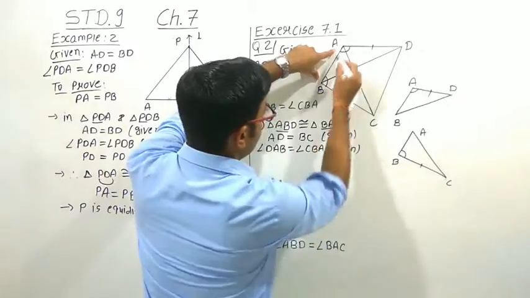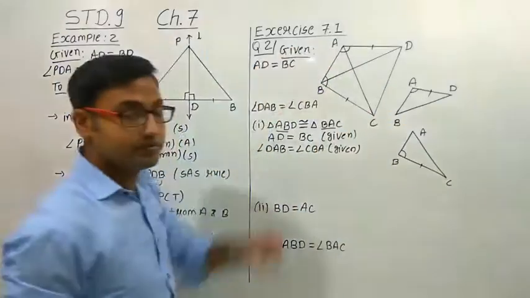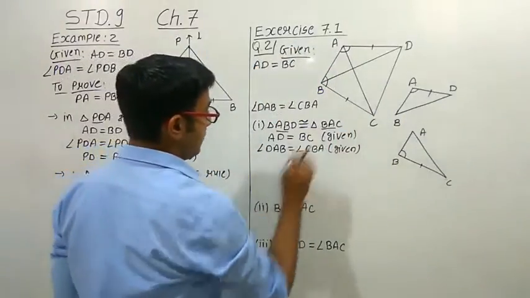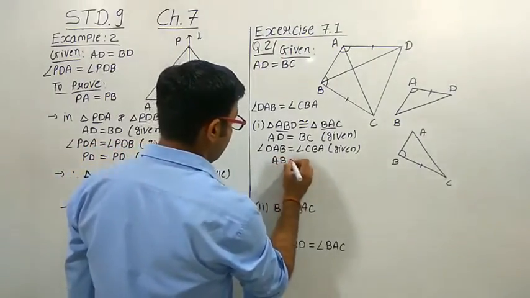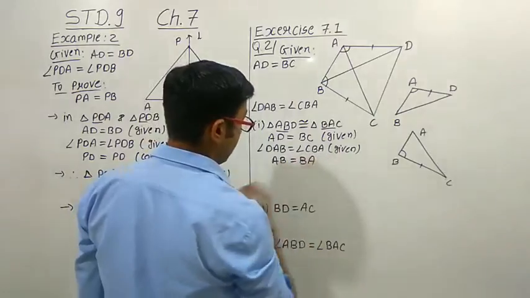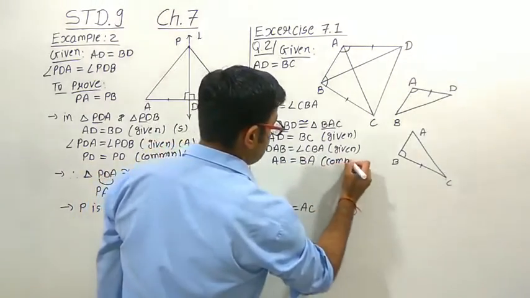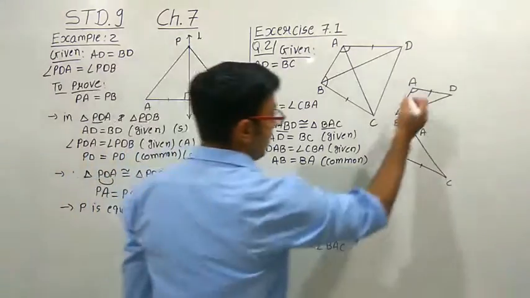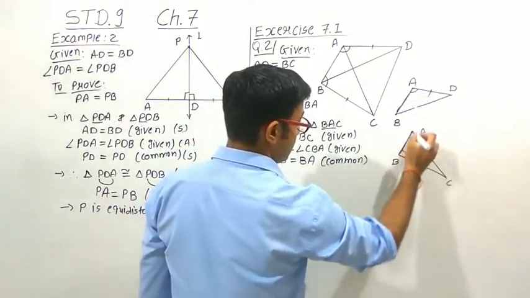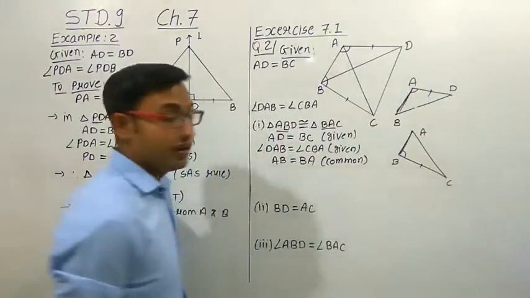If we consider ABC, AB side is there. So in both triangles ABD and BAC, AB side is there. Here we can write down that AB is equal to BA, common. This side is common in both the triangles.